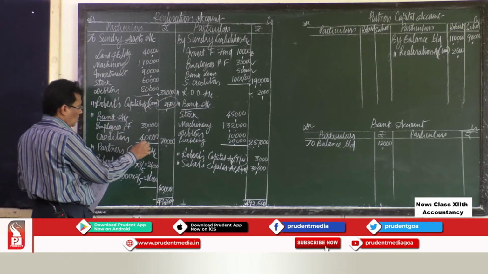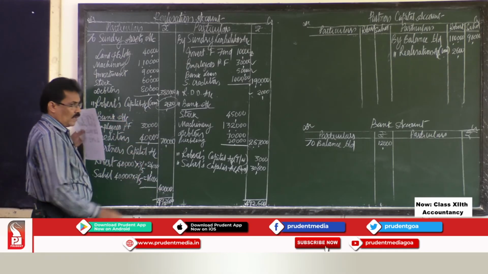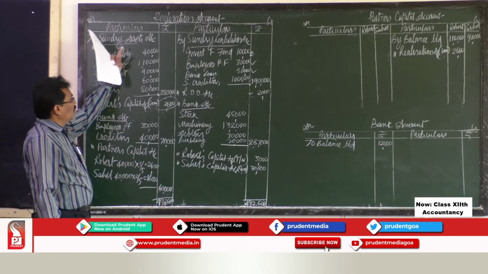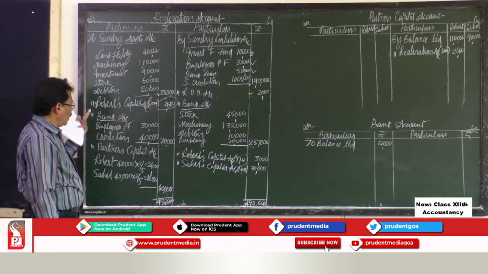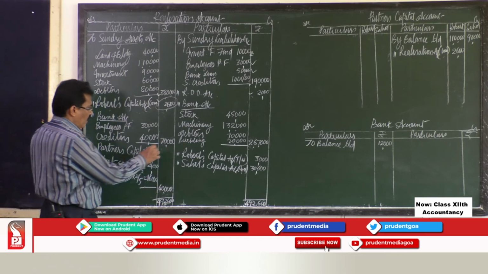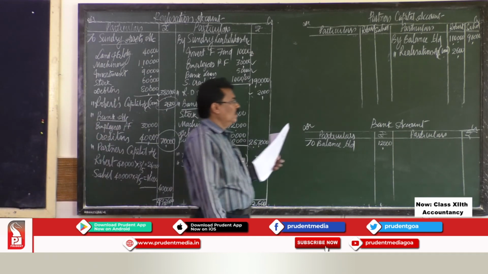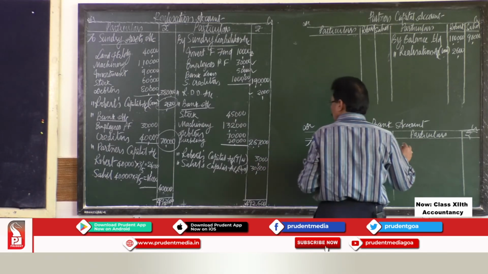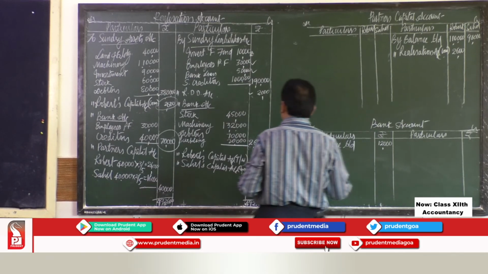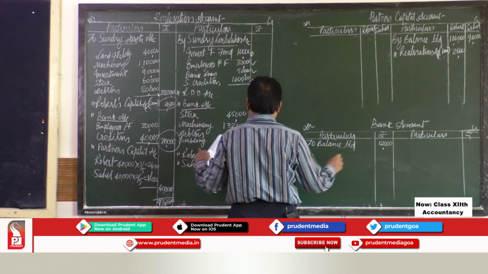Now let us go to this, for payment of external liabilities. The entry is realization account debit to bank account. So in bank account, you have to debit, this liability paid.